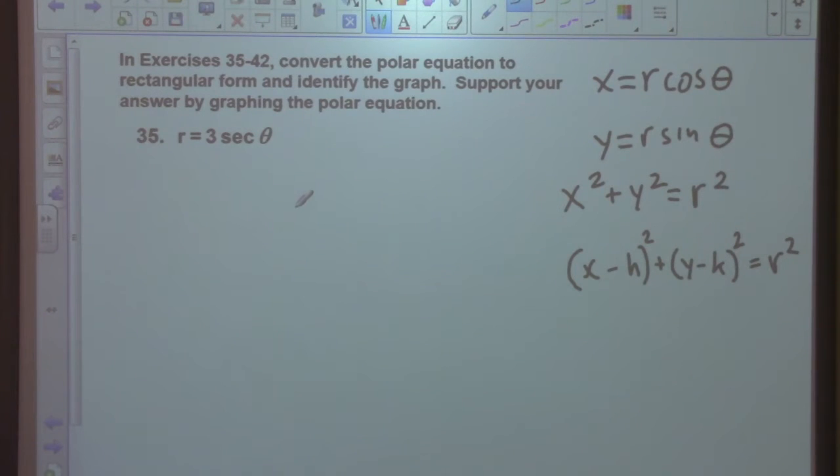Okay, if you don't have an idea of what to do on this one, count me in for not blaming you a bit, because I don't see anything intuitive at all versus what you've done in your mathematical career for this. So what we're going to do is divide by 3 secant theta.